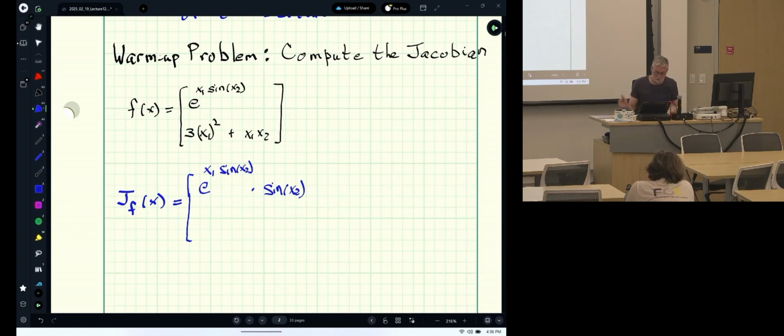The (1,2) entry, we're still differentiating the exponential. And then the chain rule says compute the derivative of this function with respect to x2, so then x1 is a constant and x2 is a variable.